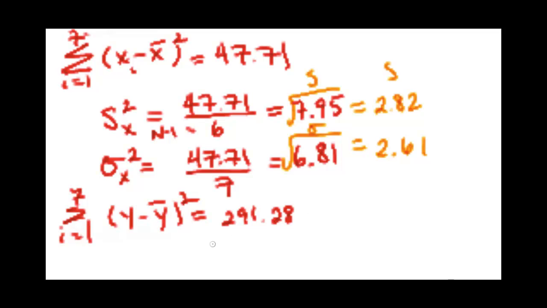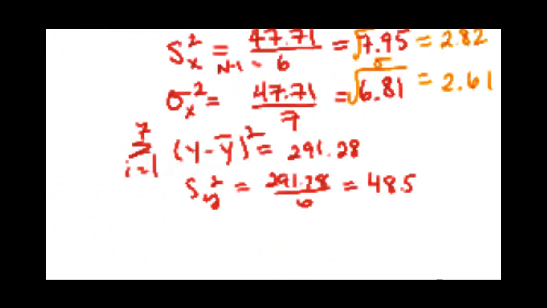And then, depending on which one you're doing, if you're doing the sample, we do 291.28 divided by 6, and that would be the variance of your sample, which for y was 48.5, and for the population that was 41.57.